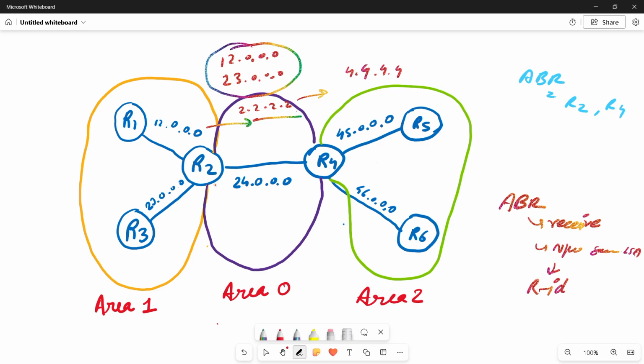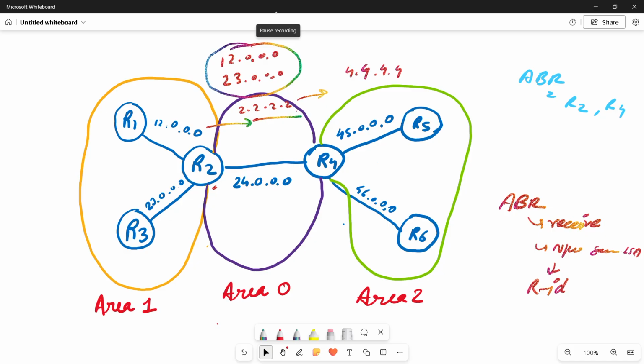In the earlier case it was its own router ID, so there was no big change. But when it sends it to this corresponding area 2, it changes the router ID from 2.2.2.2 to 4.4.4.4, right?